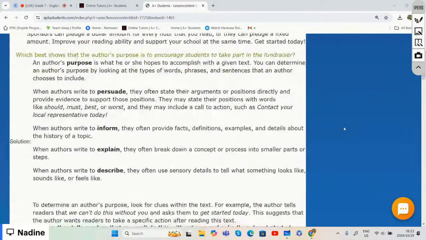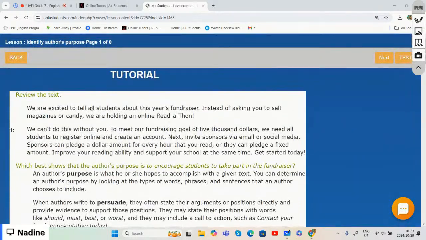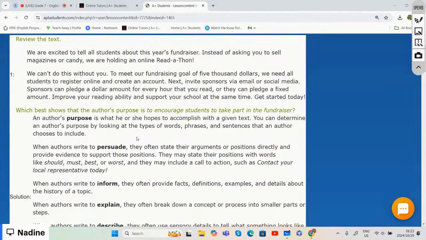All right. So now, if we look at this text. Review the text. It says, we are excited to tell all students about this year's fundraiser. Instead of asking you to sell magazines or candy, we are holding an online readathon. We can't do this without you.